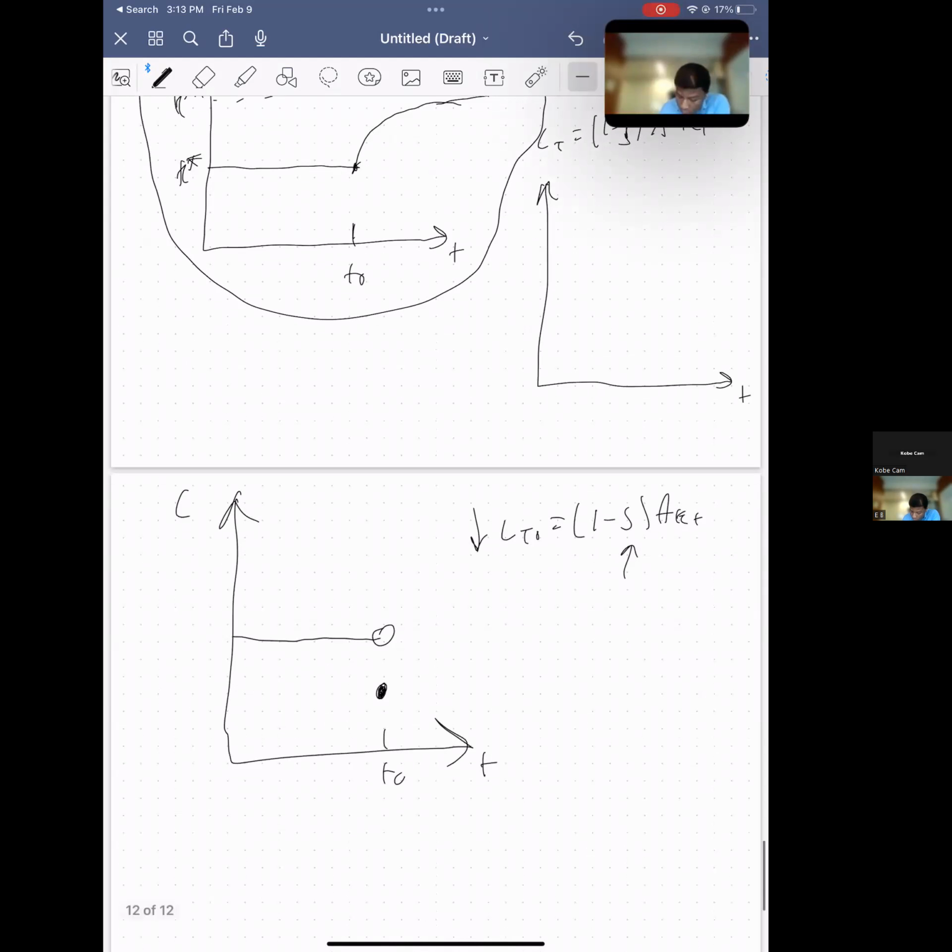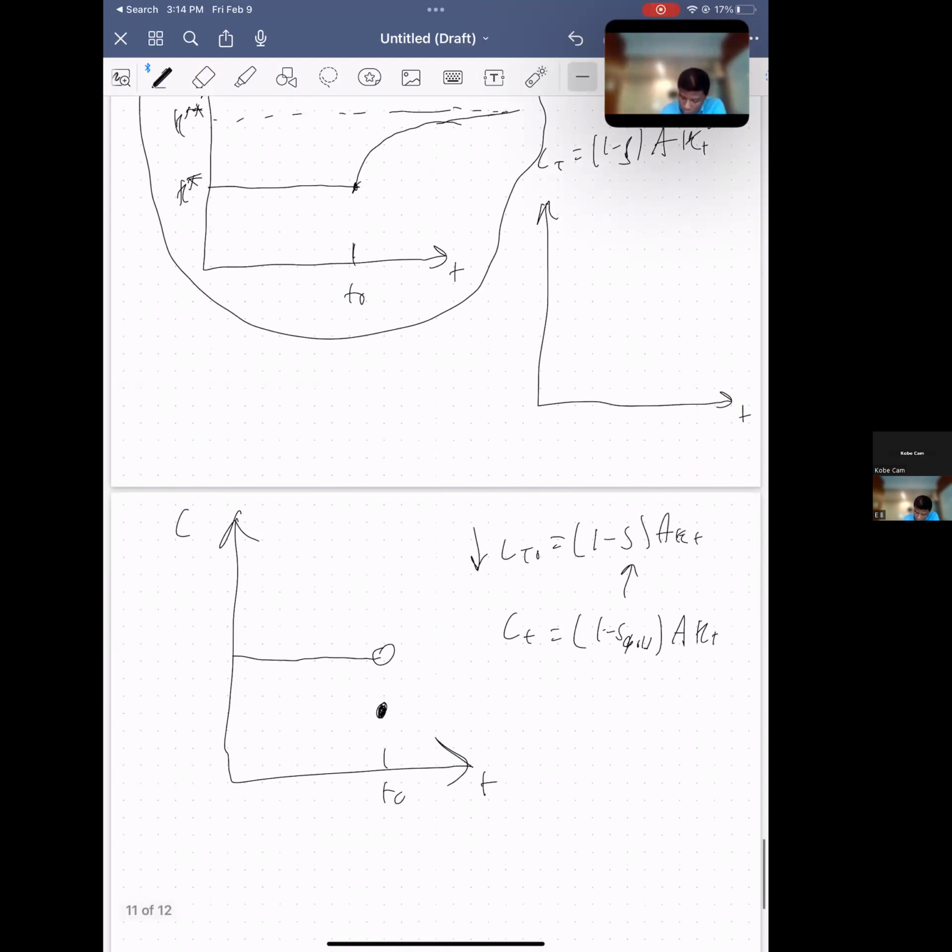So that means this has to go up because over time, these variables don't change because we're now at S gold. The only thing that changes now is just KT. And so KT is going up. So if KT is going up, that means that this function is also going to increase too. So now it's going up.